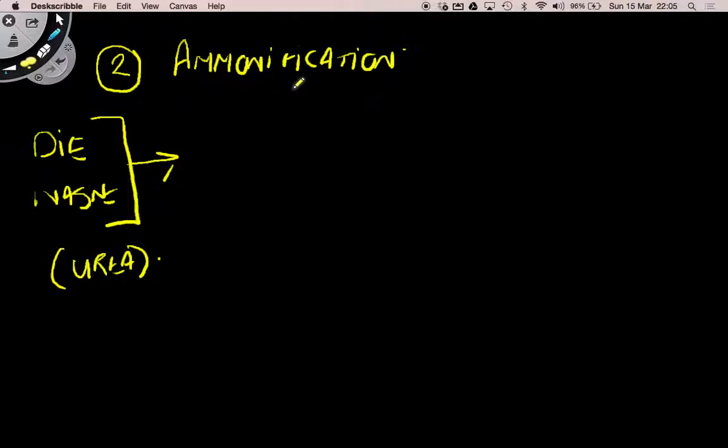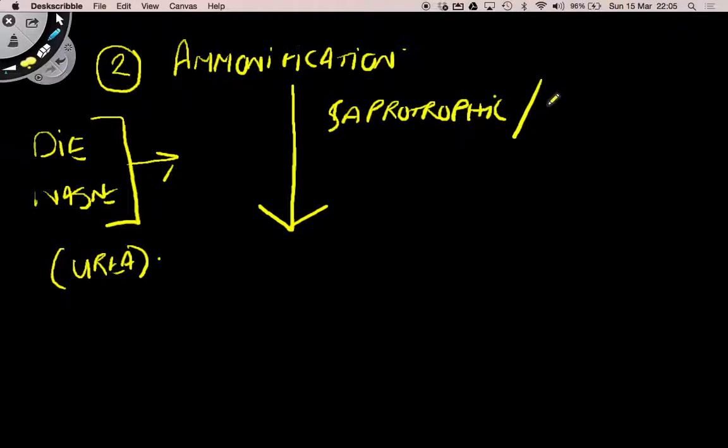So ammonification is a process where saprotrophic organisms like fungi, because they are saprobiotic, secrete enzymes on the dead material, digest the dead material extracellularly, and then reabsorb the contents of digestion into themselves to allow them to grow.